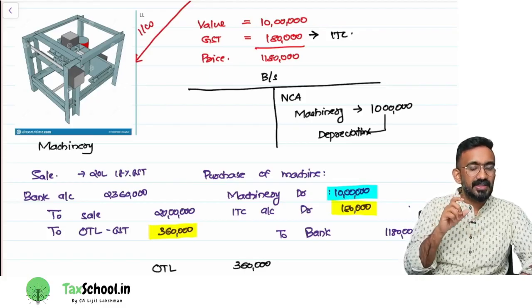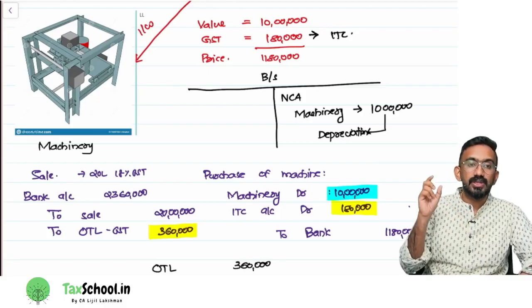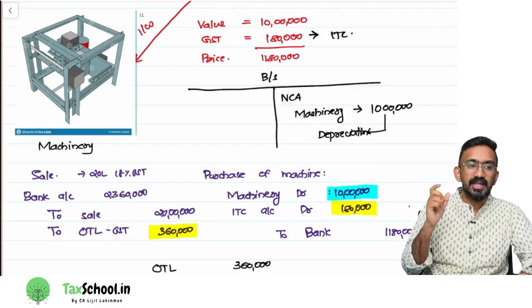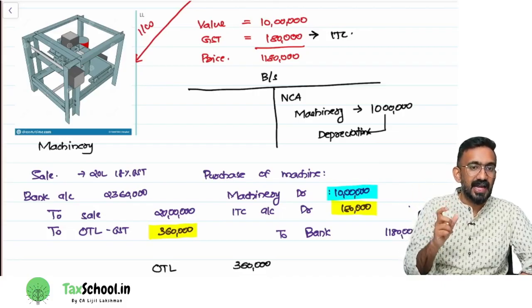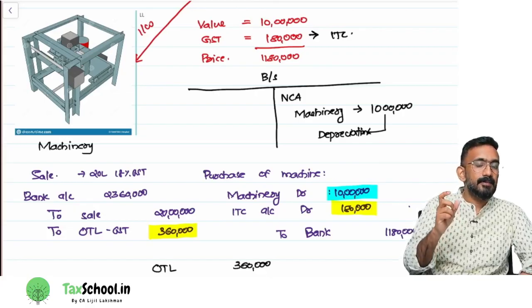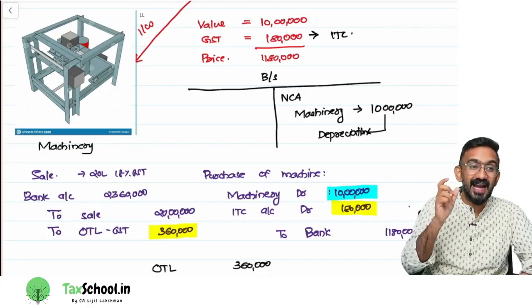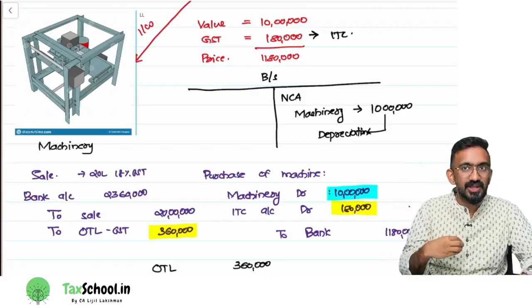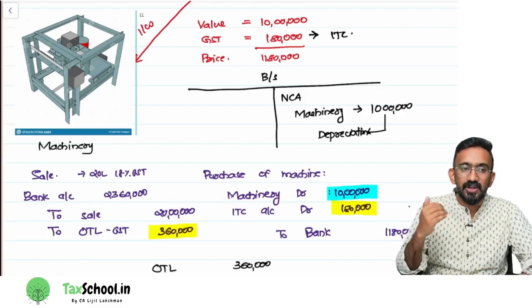But if you capitalize the entire 11,80,000 to machinery account, you will claim depreciation on 11,80,000, which means you will take depreciation benefits even on the 1,80,000, which is the ITC. So if you capitalize 11,80,000 including ITC and claim depreciation benefits, you cannot take ITC also on the 1,80,000.